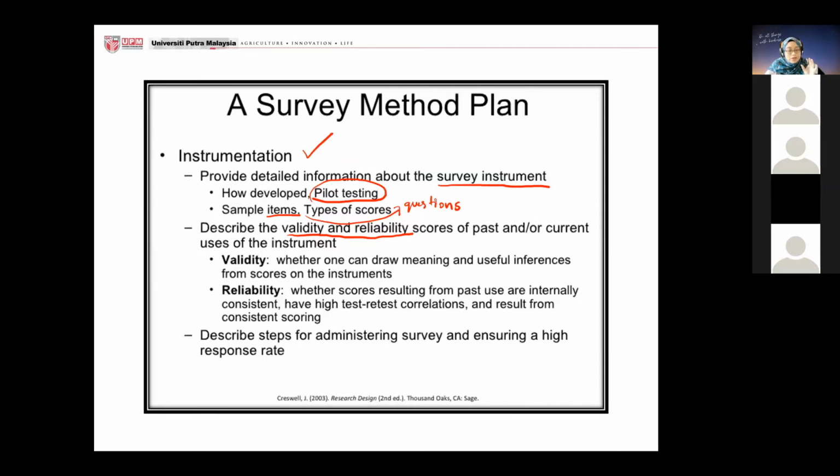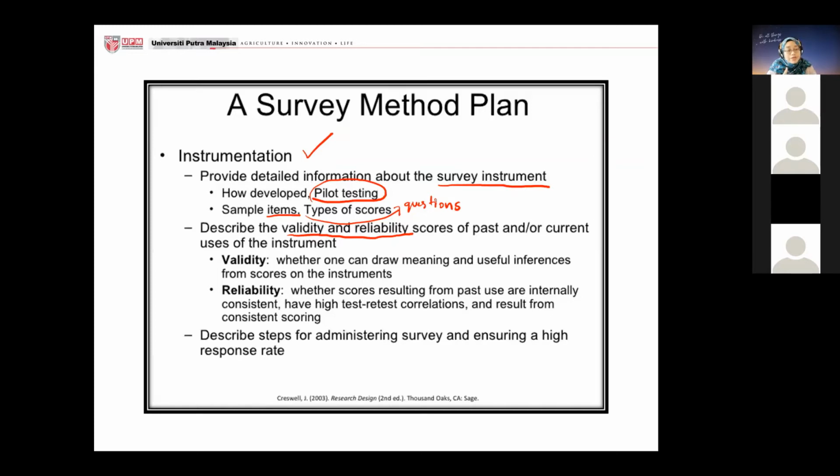You say that this paper, this reference, XX 2018, used this type of survey instrument to study blah, blah, blah, and the validity and reliability scores are such and such.